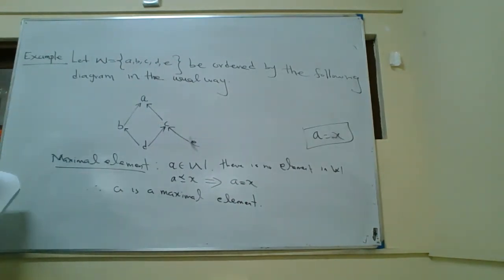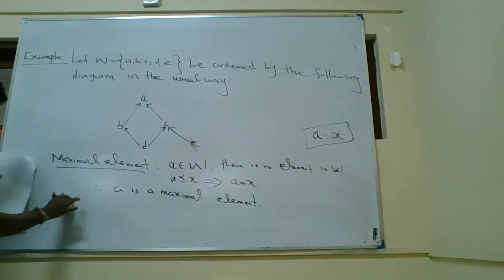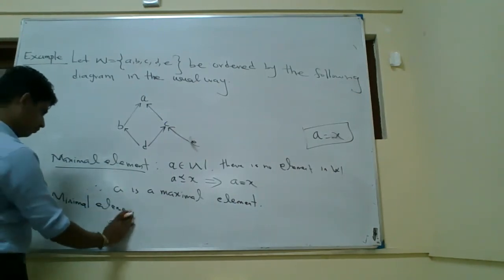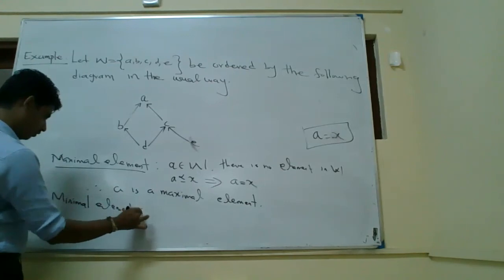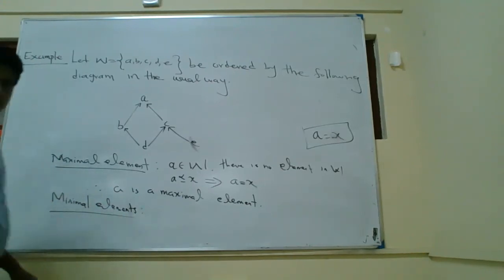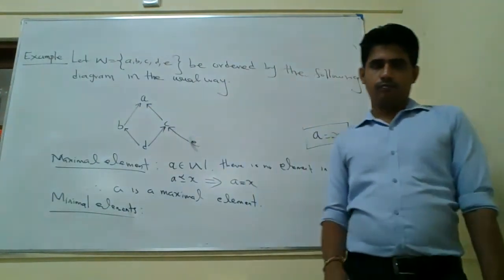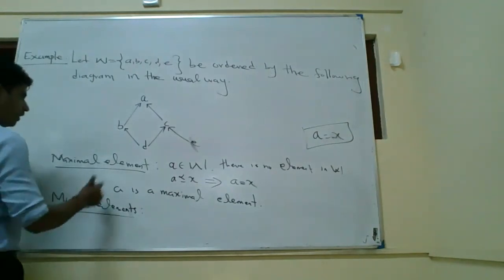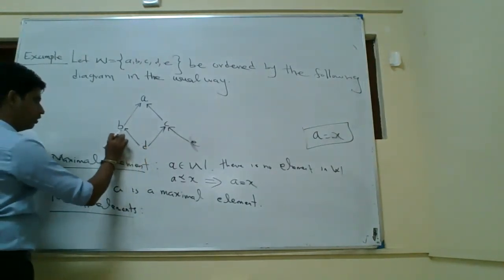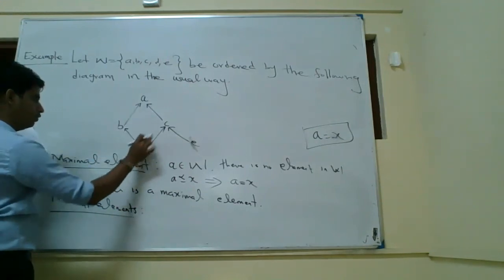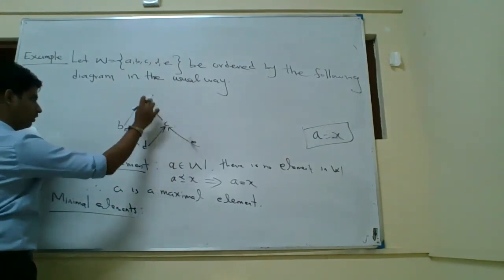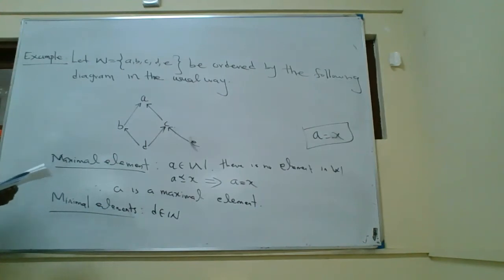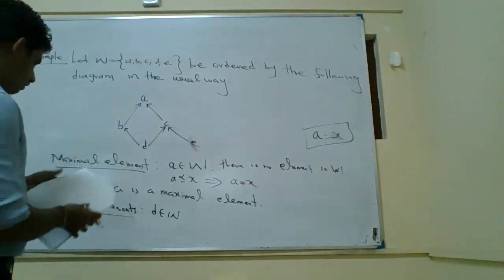What about the minimal elements? Here, from B to A, D to C, C to A, E to C, C to A. Therefore, you can take D as your minimal element.